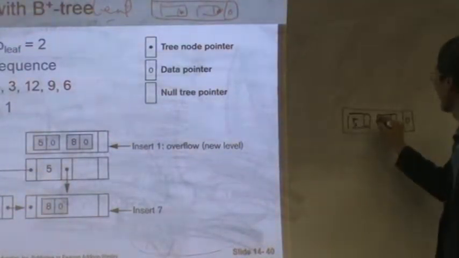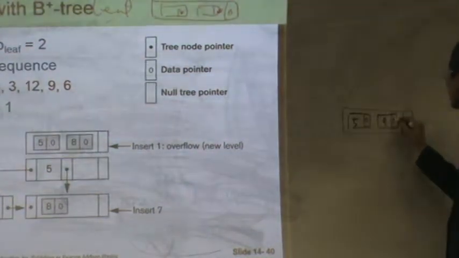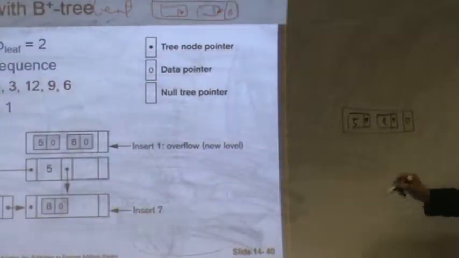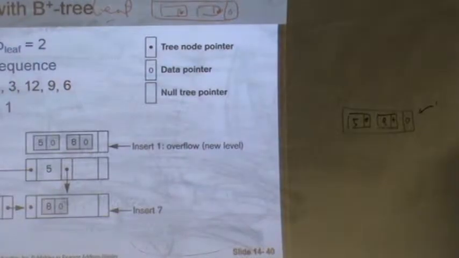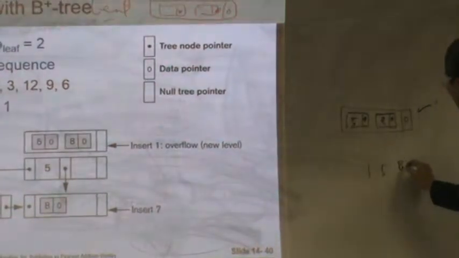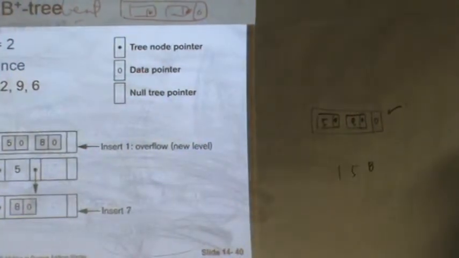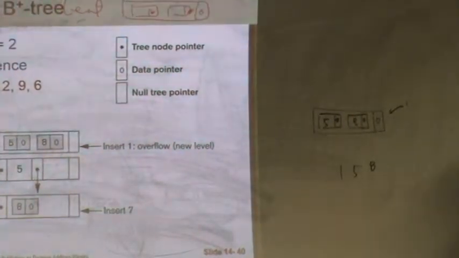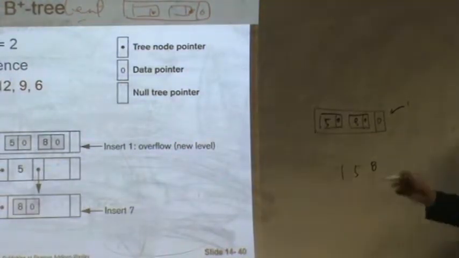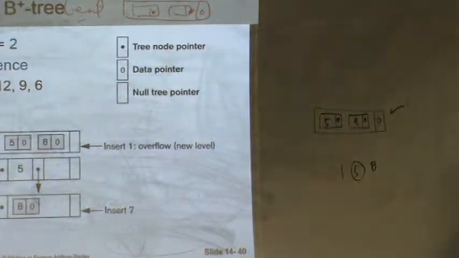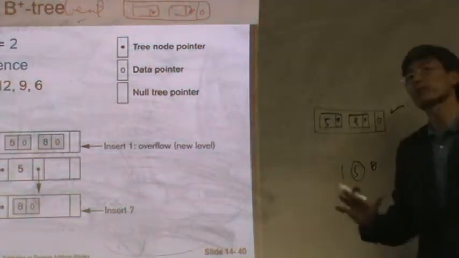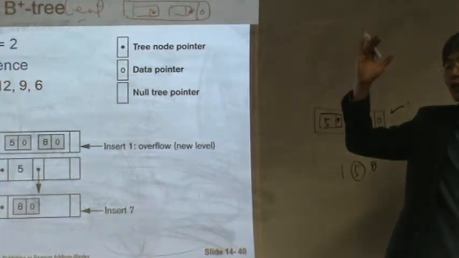Then 5 and 8 are inserted. Then the next value is 1. What if 1 is inserted? It's full, it's full of data. So we have 1, 5, 8. We need to determine, in case of full, always a split. So which one is the middle value? 5. Then we are not going to promote the value.